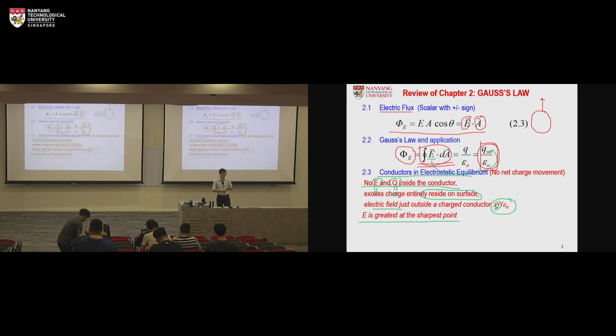So these are the 4 properties, especially the first one, this one. Meaning whenever we talk about conductor, then this understanding should come into your mind immediately.